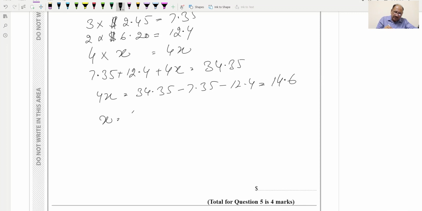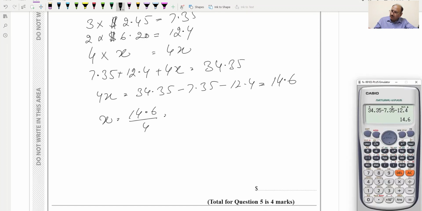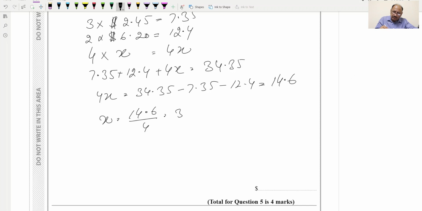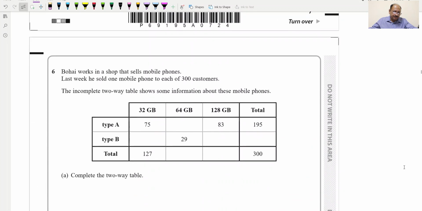So x will be equal to 14.6 over 4, and 14.6 divided by 4 will be equal to 3.65, and this will be our answer, 3.65, and this is for 4 marks.